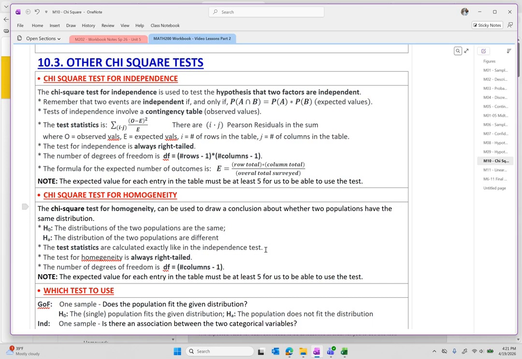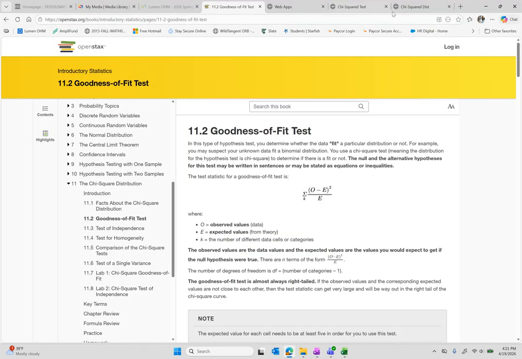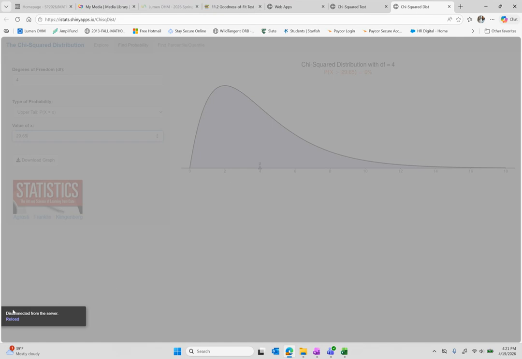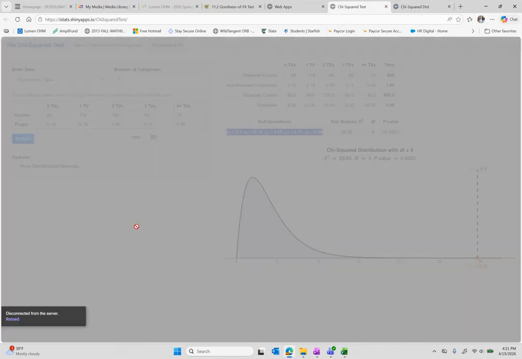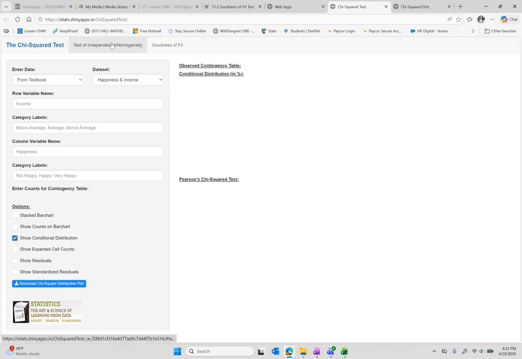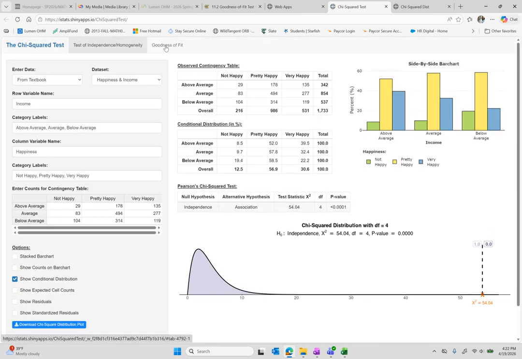You realize, of course, that the Art of Stat apps offer in the chi-square test the option for you to do a test for independence or homogeneity. So this is the first of the tabs, and we have been using the goodness of fit for our purposes.